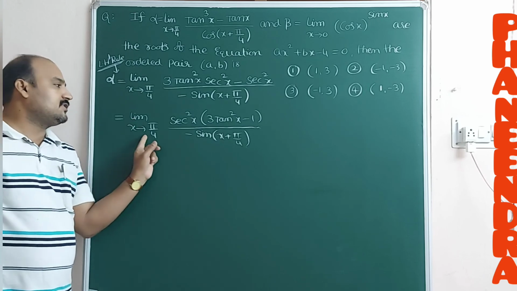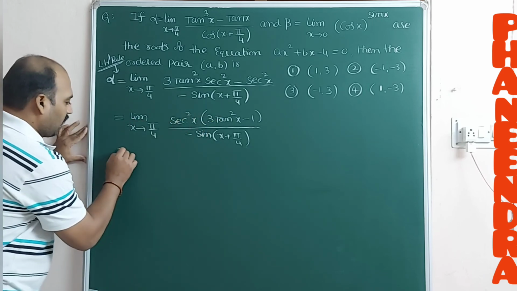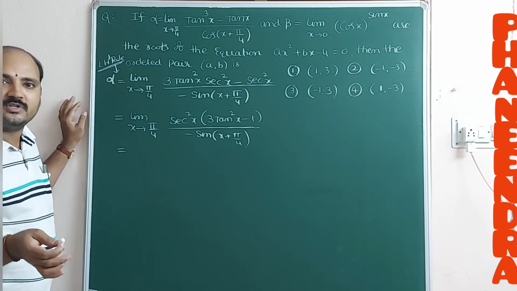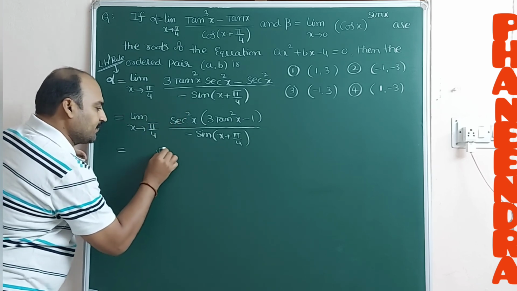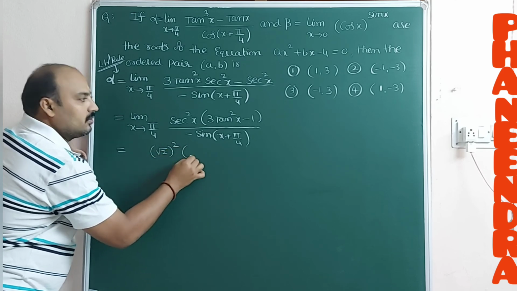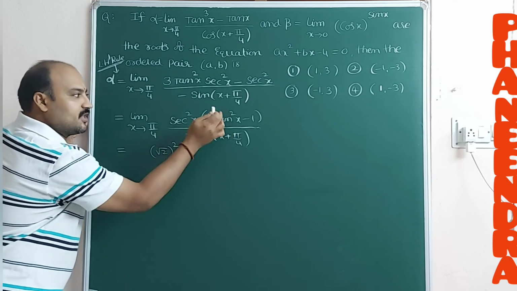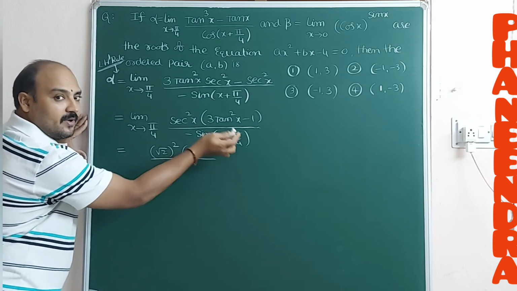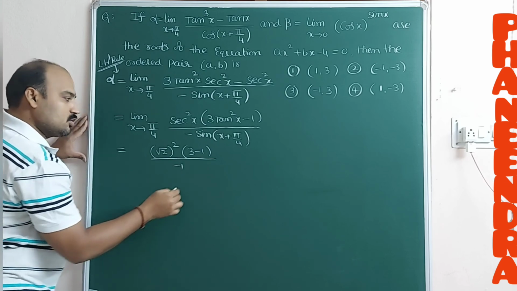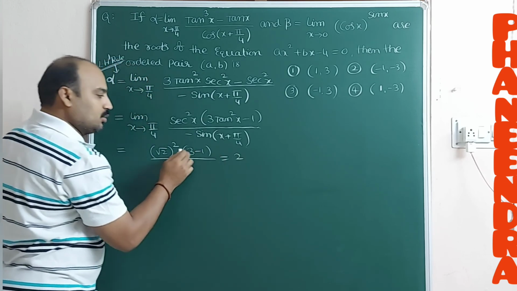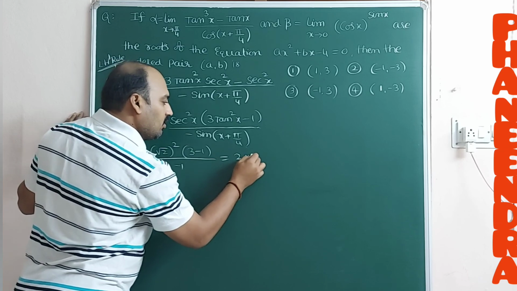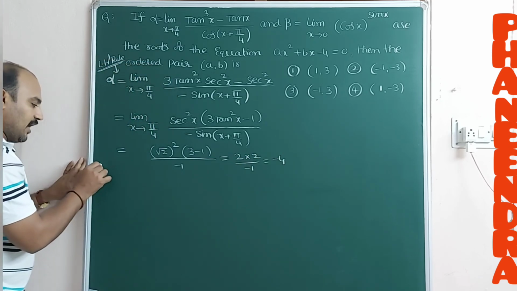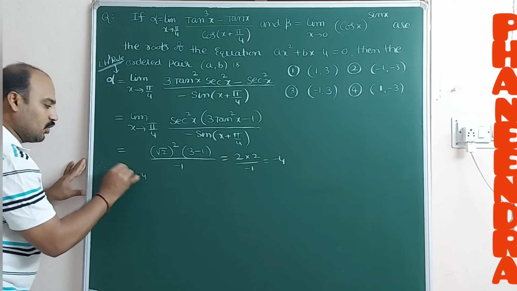Substitute x equal to pi by 4. Secant 45: cos 45 is 1 by root 2, so secant 45 is root 2, and root 2 whole square is 2. Tan 45 is 1, 3 into 1 square is 3, 3 minus 1 is 2, divided by sin of pi by 4 plus pi by 4, sin 90, which is 1. So we get 2 into 2 by minus 1, which is minus 4. Therefore, the value of alpha is minus 4.